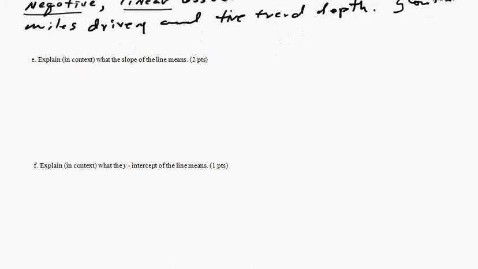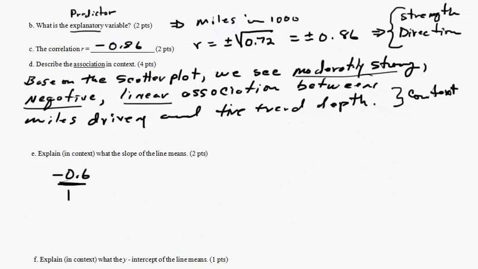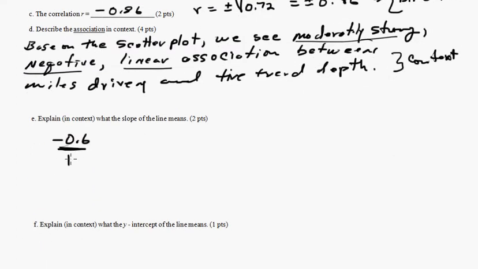Okay, explain in context what the slope is. So if you put a 1 under it, the slope is 0.6, right? Yep. Okay, so now that 1 is misleading. Some people said for every 1 mile the tread depth decreases.